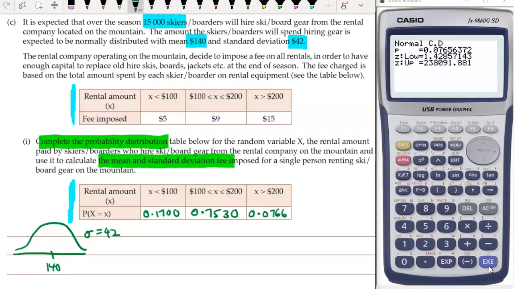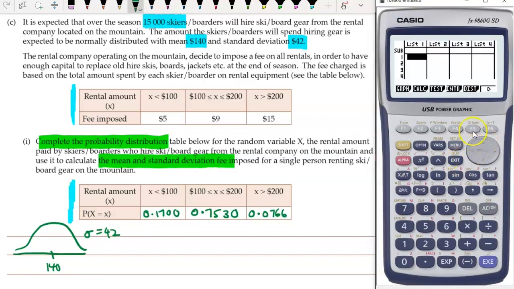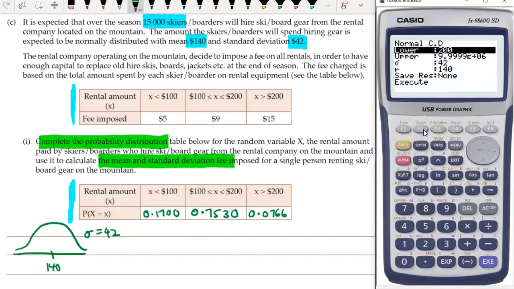Now, I am actually going to adjust my answer for the first one just to avoid any confusion with the next bit. But if you had put 0 in there, I think that it would be just absolutely fine. So if we put in a large minus number there up to 100, the reason I've done that is because really this should all add up to 1, and I don't believe that it would if we didn't do that.